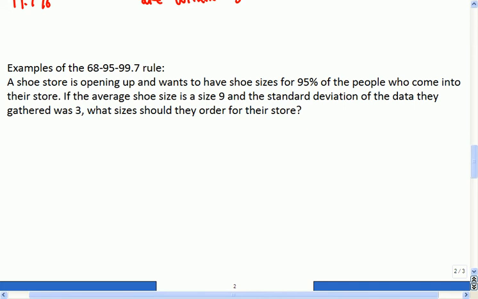So, 95% of the people, if you look at our 68, 95, 99.7 rule, how far are 95% of the people from the average? Within 2. Yeah, so for us, that means what we're thinking is 95% are within 2 standard deviations, and for us, a standard deviation was 3.